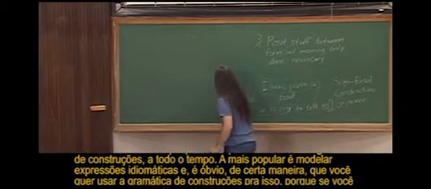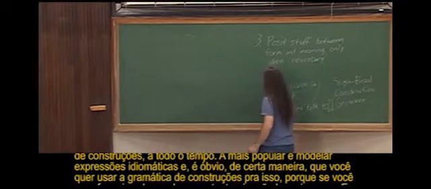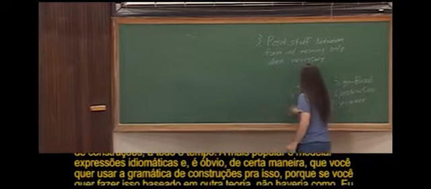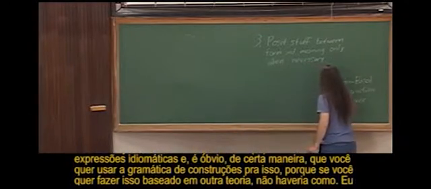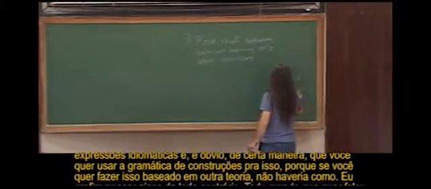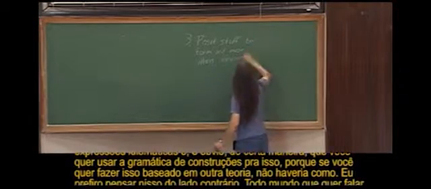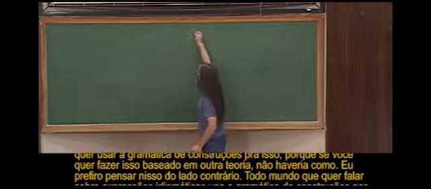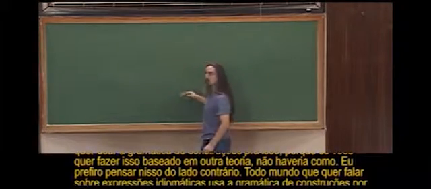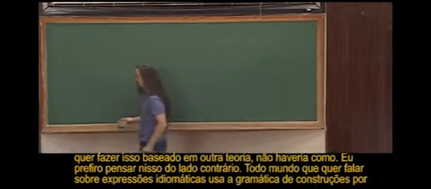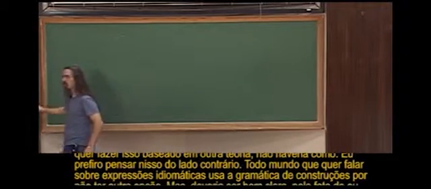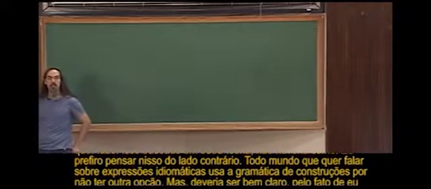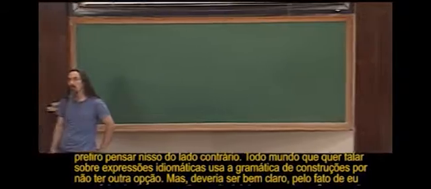The most popular is modeling idioms. And it's sort of obvious in a way that you would want to use construction grammar for this because if you wanted to do it in some other theory, there just isn't any way. So I prefer to think of it sort of the other way around. Everybody who wants to talk about idioms does construction grammar because they don't have any other option.